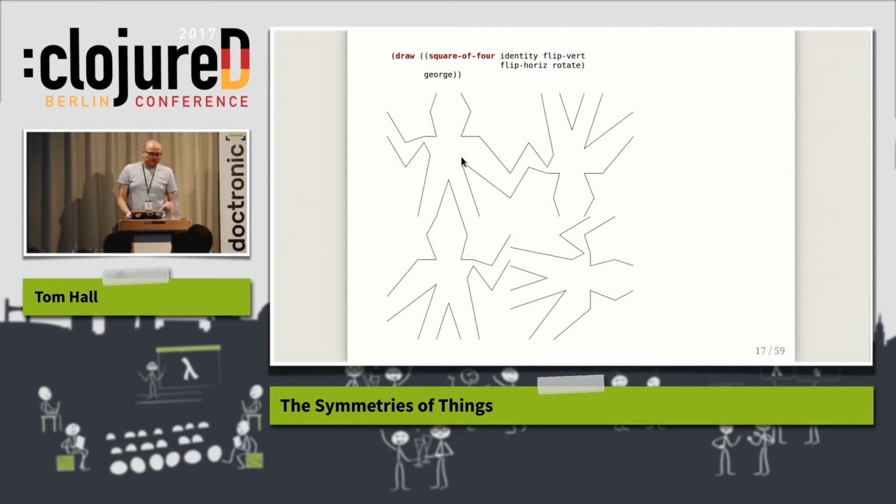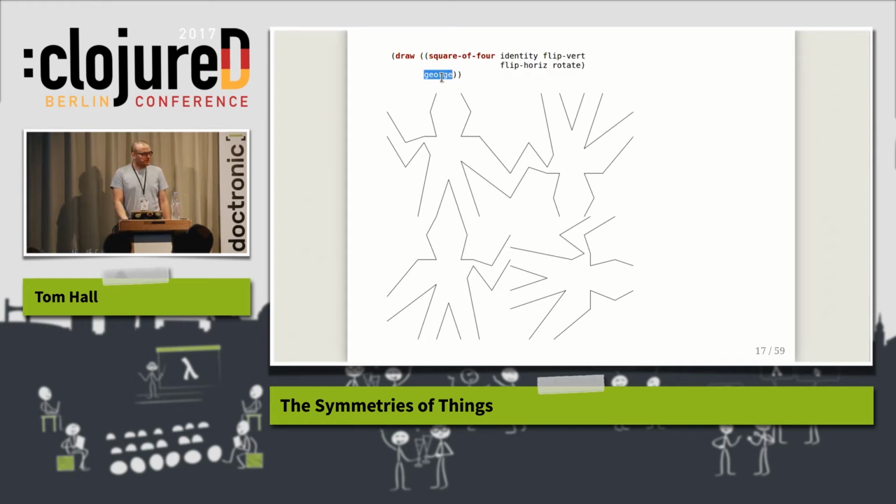So here we go. Draw, again, this function we don't know anything about yet. Square of 4 of the identity, the vertically flipped version, the horizontally flipped version, and the rotated version. This is a higher order function, so the return value of this, I'll highlight it, is a function which takes a picture, which we've then told it to draw, and we've passed it the picture George.